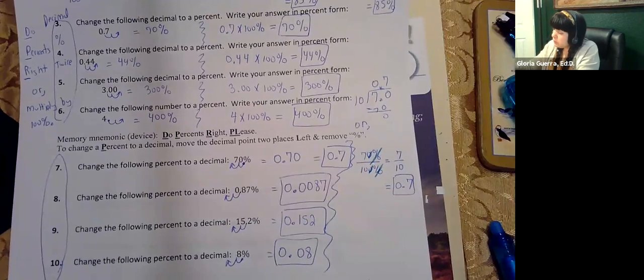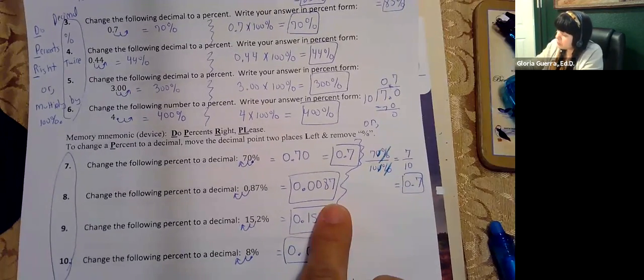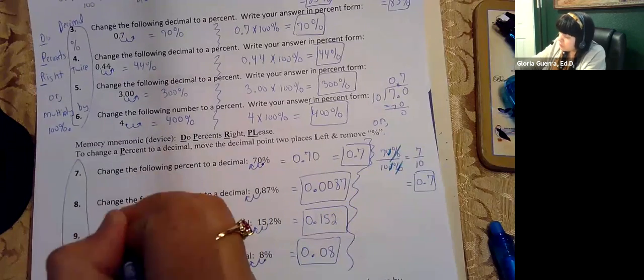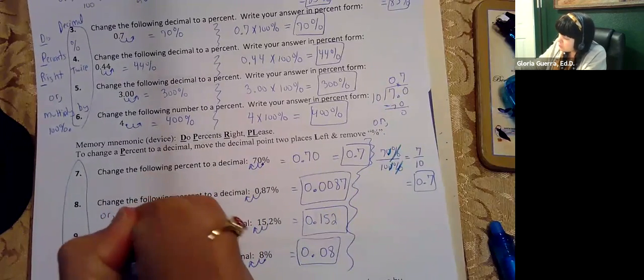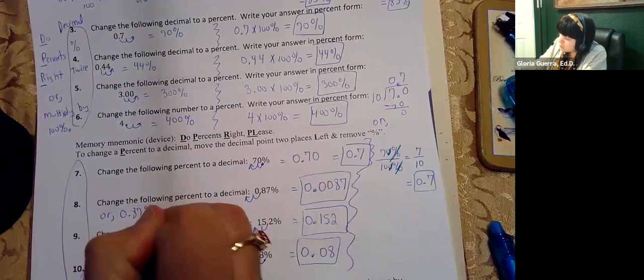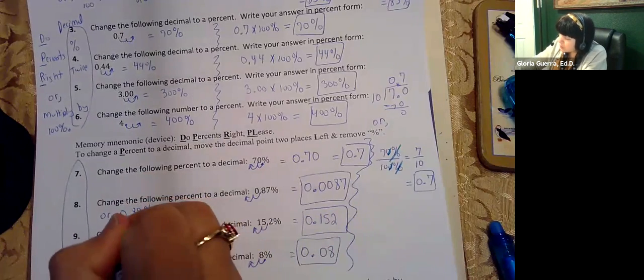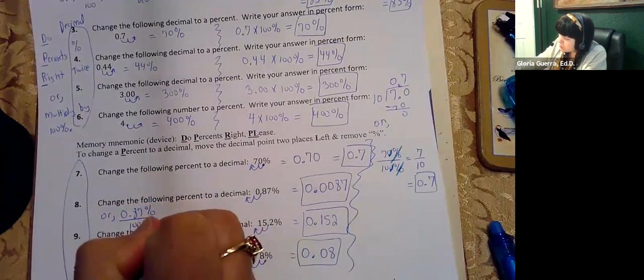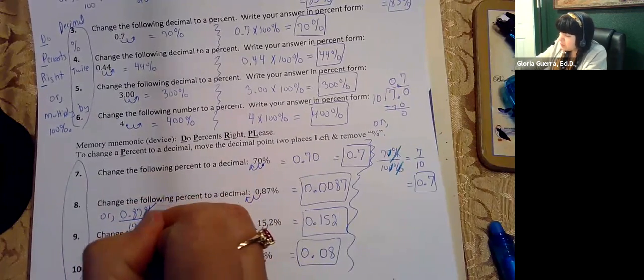Okay. So now if I do this the other way, let me do this here. You have 0.87%, and you're going to divide it by 100%. So the percents cross out.